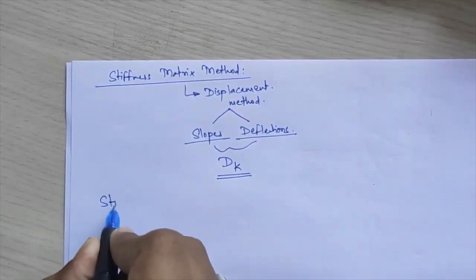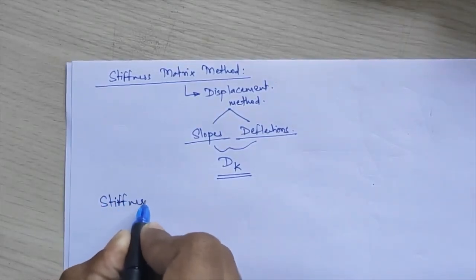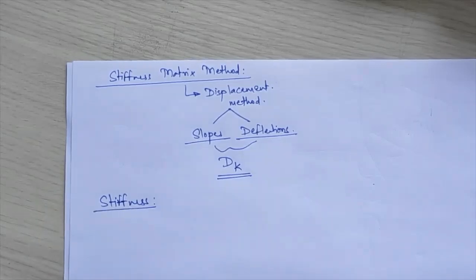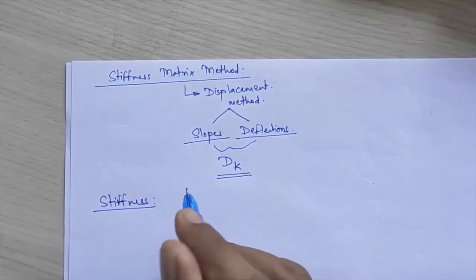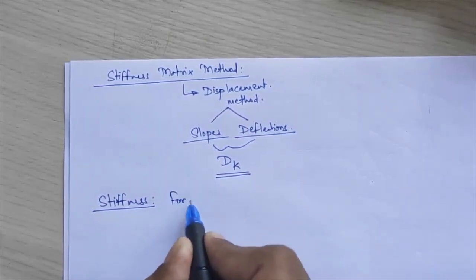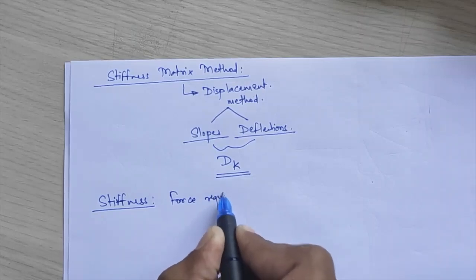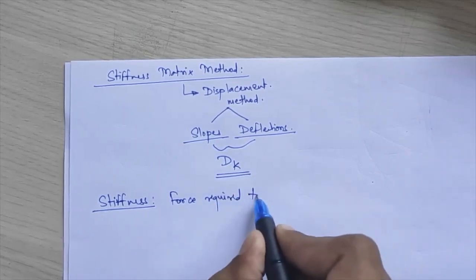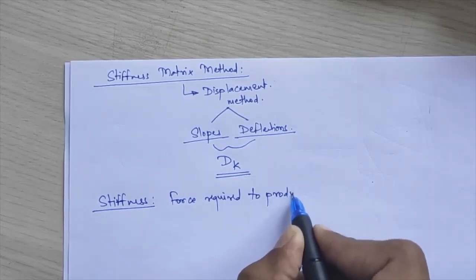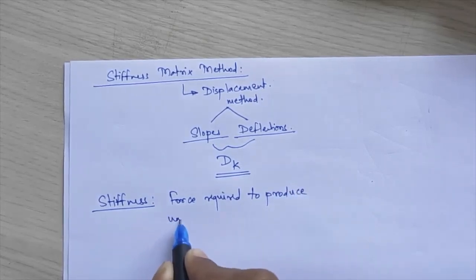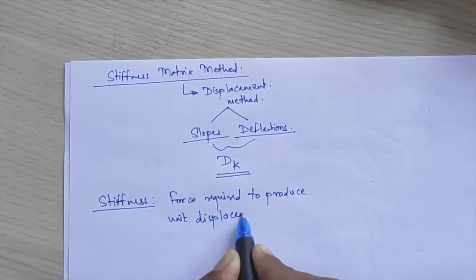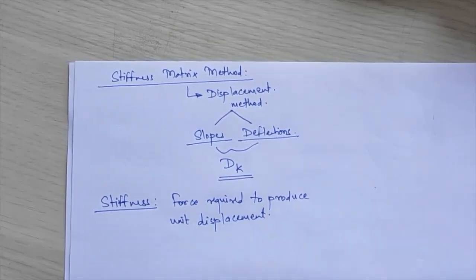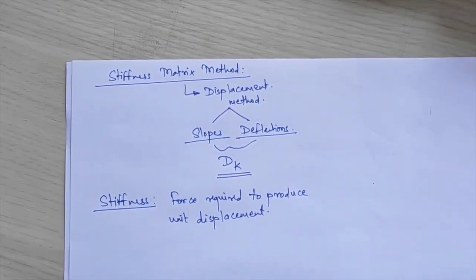Now this stiffness means what? Stiffness is the property of any structural member, or stiffness is defined as the force required to produce unit displacement. Force required to produce unit displacement.